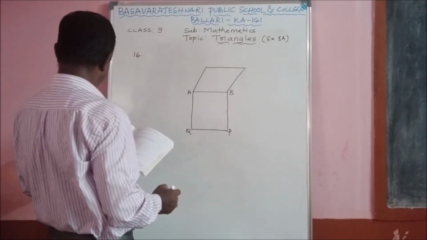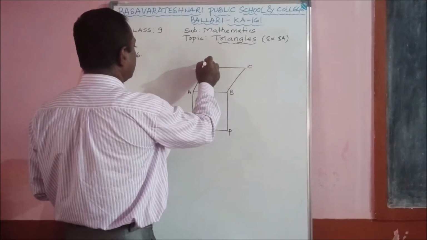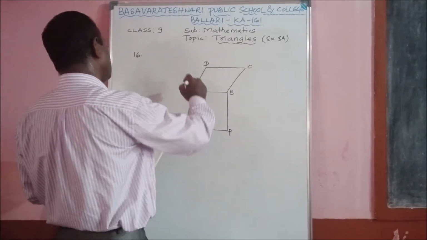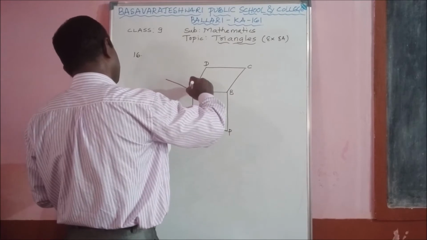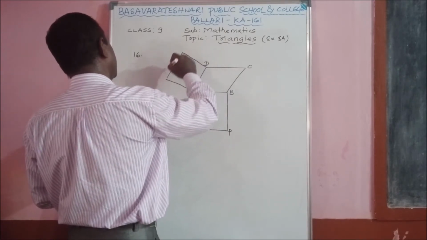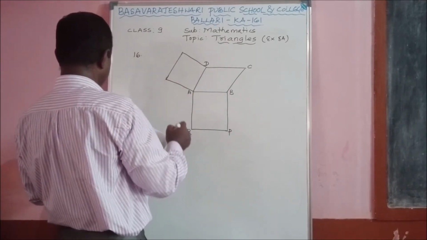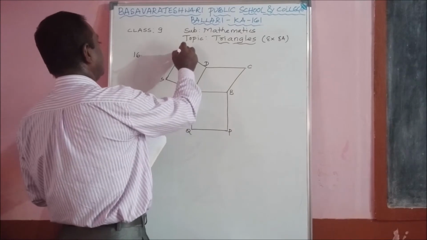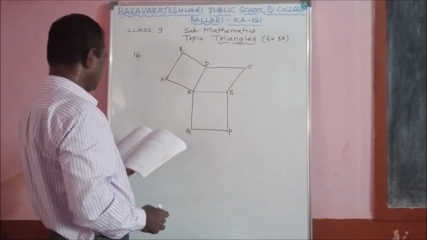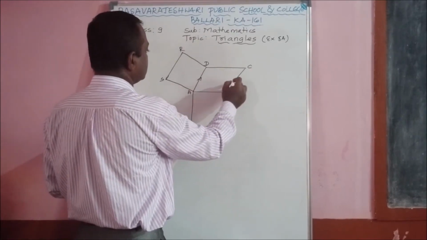It is a square, and ABCD is a parallelogram. One more square is given here, that is ASRD.